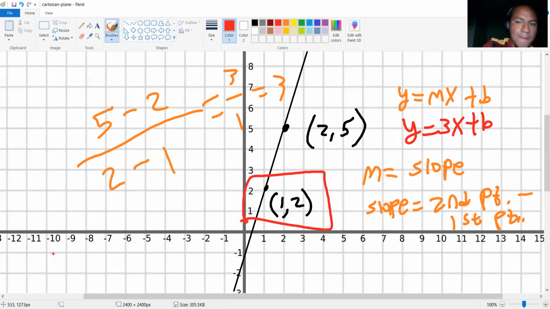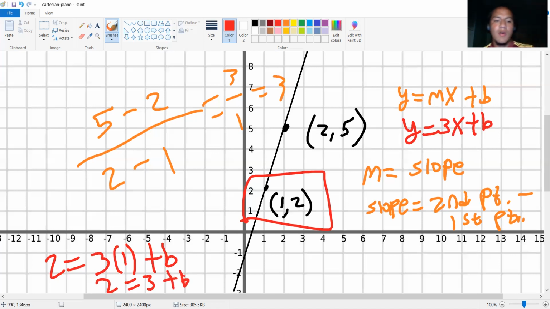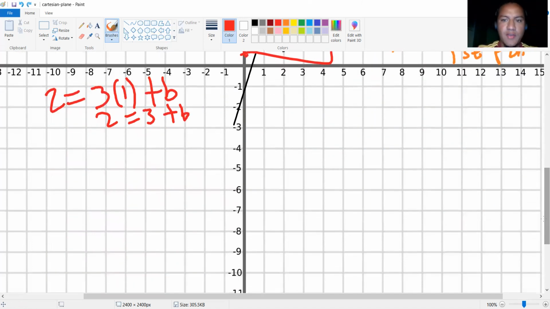You get, for y it's 2 equals 3, and then 1 is x, plus b. Well, that's just 2 equals 3 plus b. Over here to the right-hand side, sorry, I shouldn't have written that 3. I'll write it in green now. The way you solve these things is to get the b by itself.